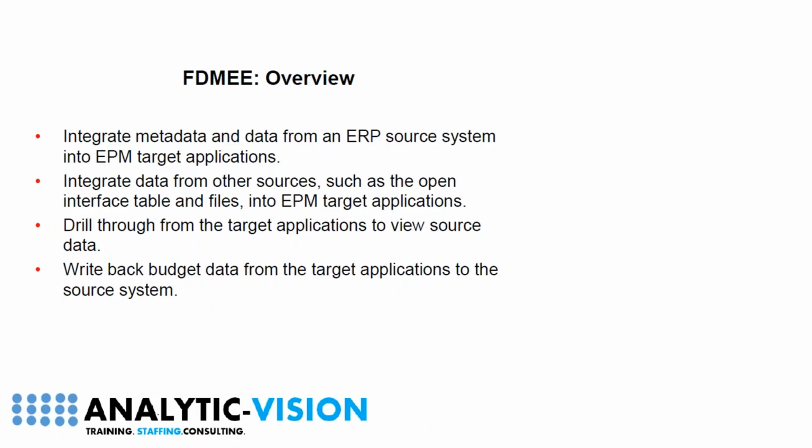We can also integrate data from other sources such as open interface tables and files into EPM target applications. The other main advantage of using FDMEE is drill through from target applications to view your source data. We can also write back the budget data from the target applications to the source applications. So these are some of the main features of FDMEE.